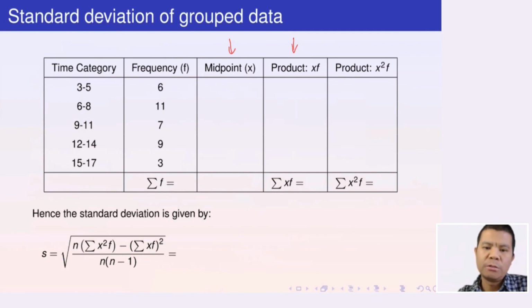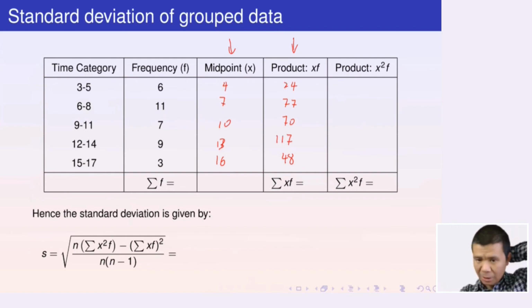Now we have the midpoints 4, 7, 10, 13, and 16. These are the midpoints, and the products xf are 24, 77, 70, 117, and 48.